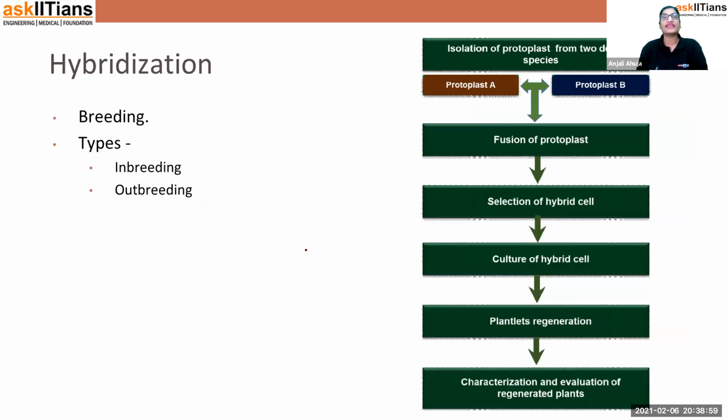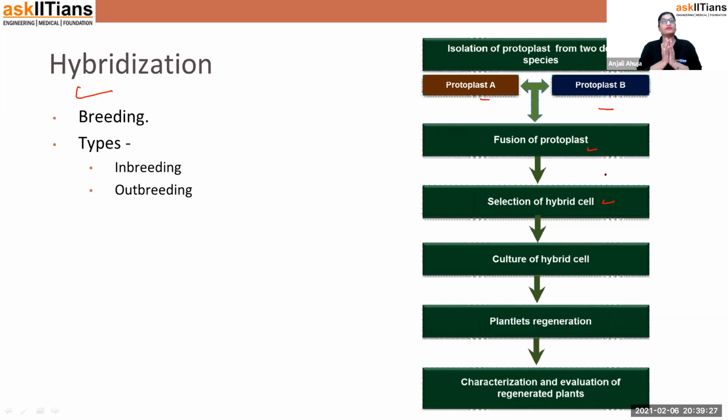Now, guys, the next one is breeding, which is hybridization itself. This is how it is done. If you look here, give me a second, I'm going to move my video. If you look here, isolation of protoplasts from two desired species. Here we take protoplast A, and this is how they do the crossing. They take the cytoplasmic content of two plants and fuse the protoplasts, and then a hybrid cell will form.